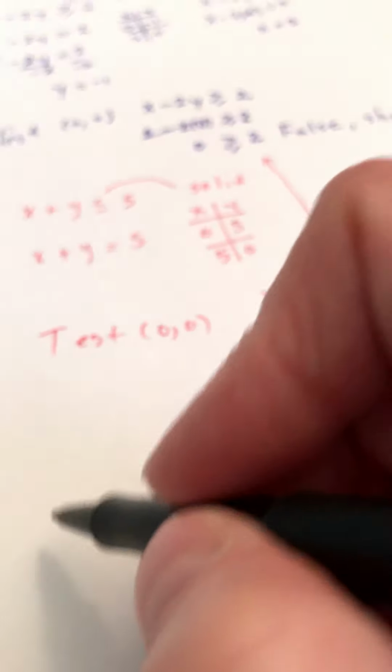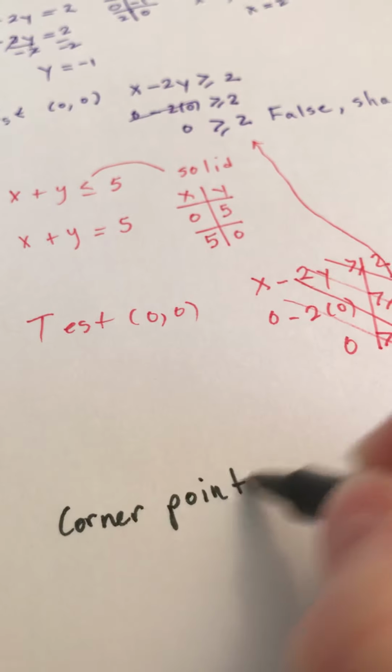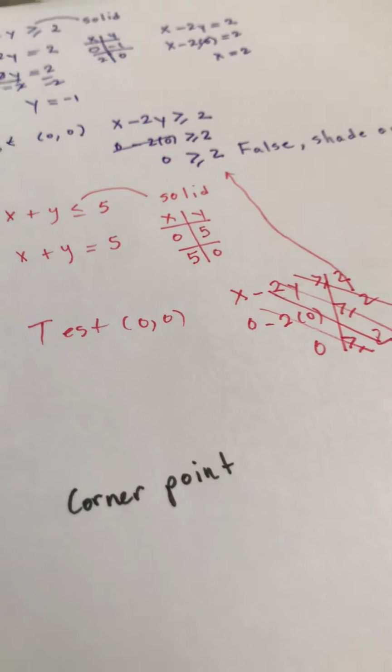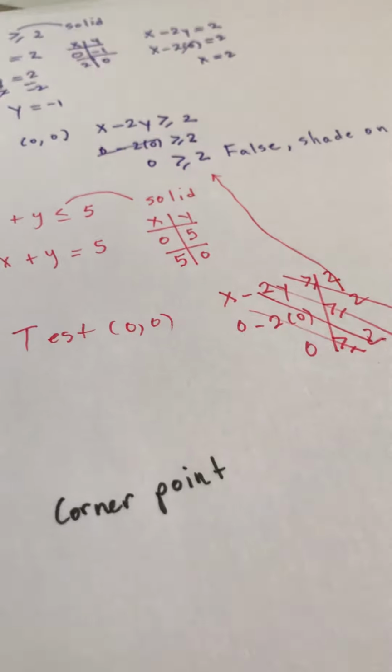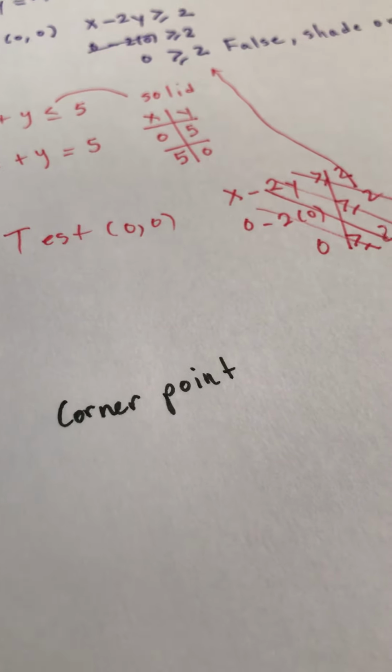So let's come over here and look at the corner point. We only have one corner point. Sometimes we have more than one corner point. In this case, we're looking at a simple example, our first example.